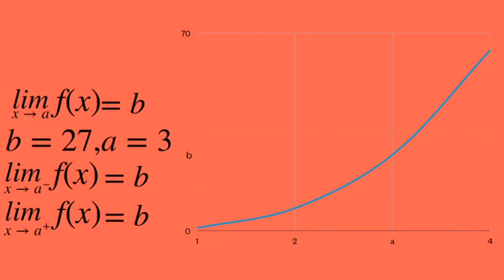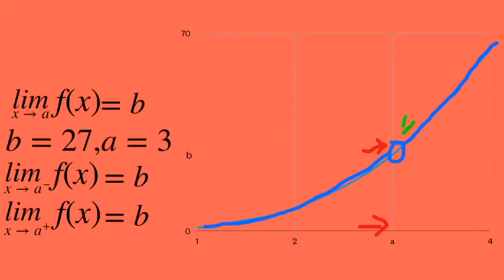Now, a function doesn't have to be continuous in order to have a limit. It can be discontinuous. So let's say our new f of x is discontinuous at this point. Now, as you can see, when we approach from here, we seem to be approaching this point that's about b.